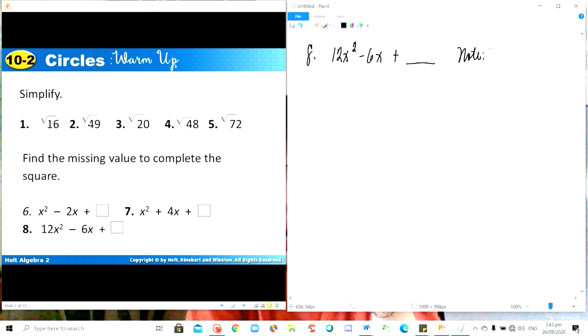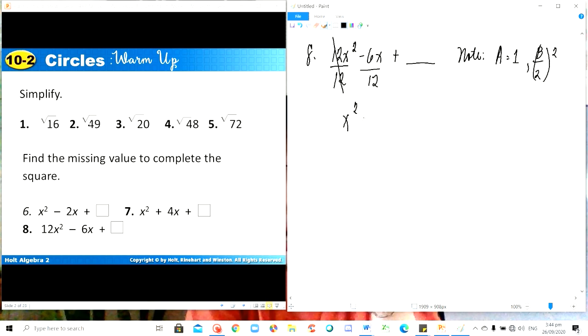Here's a note: the quadratic coefficient must be equal to 1. a must be equal to 1 before you can proceed to use the formula b over 2 squared. So how do you remove that a and make it 1? First, you need to divide by 12. Everything must be divided by 12 so that you can cancel this and it becomes 1.